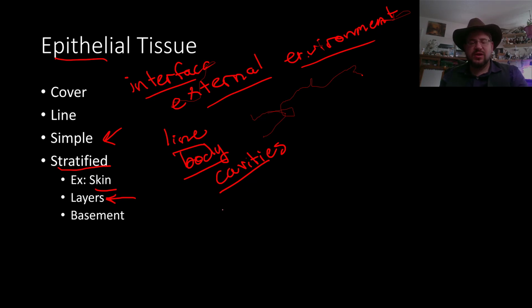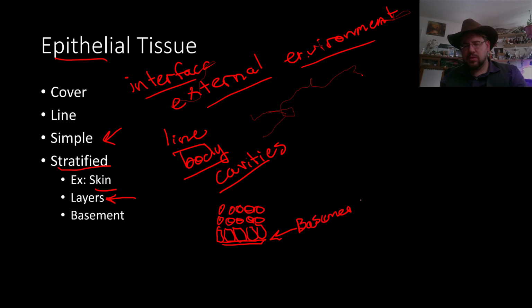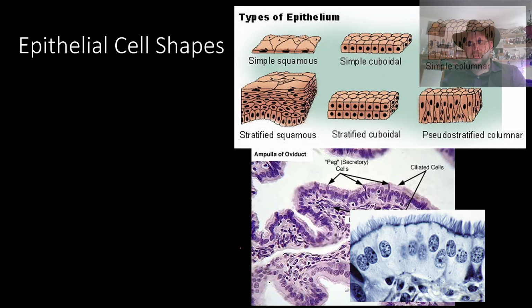And those layers of cells, right, you have some layers of cells, and they're ultimately connected to a basement membrane, and that's what connects the epithelial tissue to other tissue types.